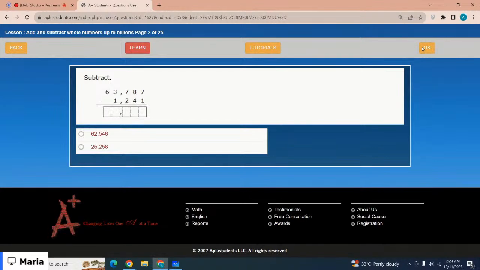Okay, 63,787 subtract 1,241, which is the correct option? A. For this one, 7 minus 1, 6, 8 minus 4, 4, 7 minus 2, 5, 3 minus 1, 2.